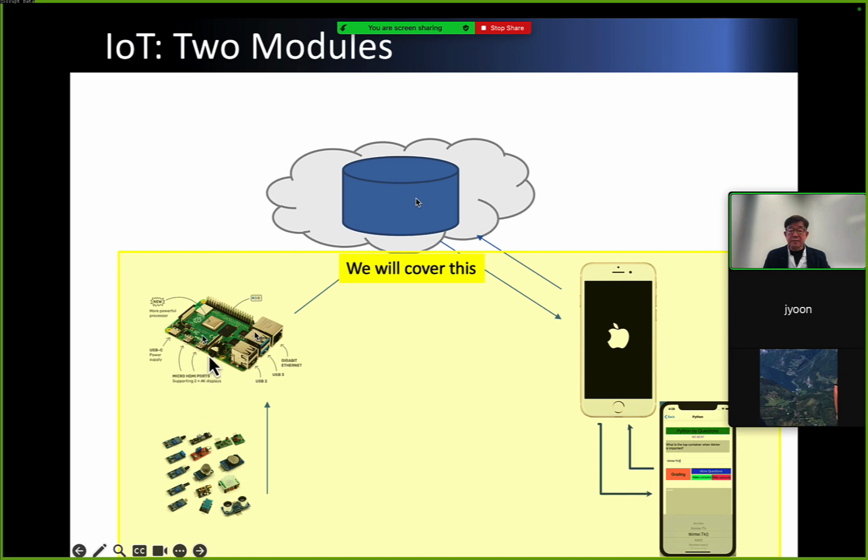This is the posting component. This is the downloading component. Your cell phone needs to communicate with the cloud servers, and then display it. This is the app.